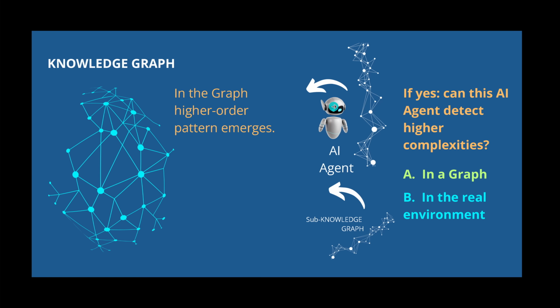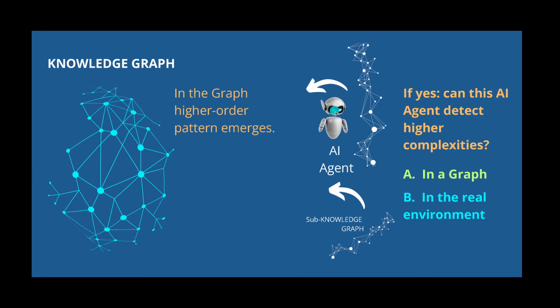So we have maybe a limited internal complexity structure, but with the graph we have access to a higher order pattern. Is this now enough for our little AI agent to reason on the next complexity level?